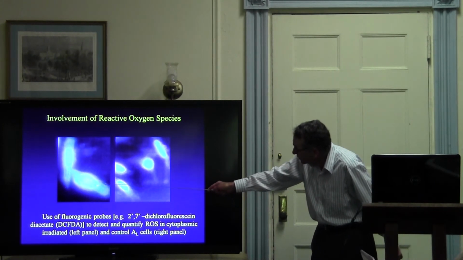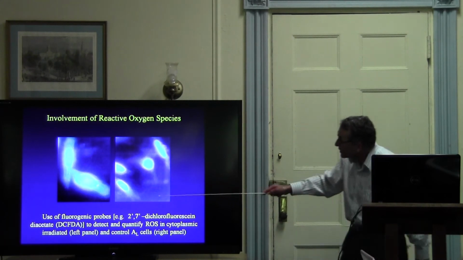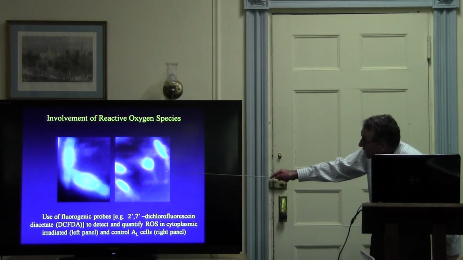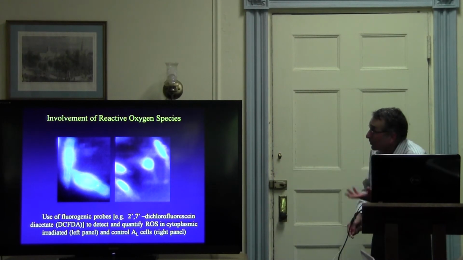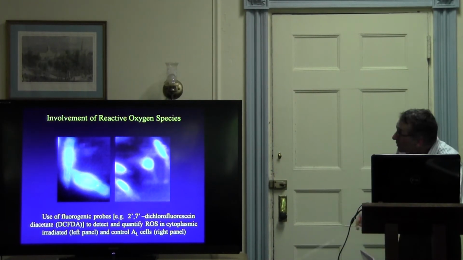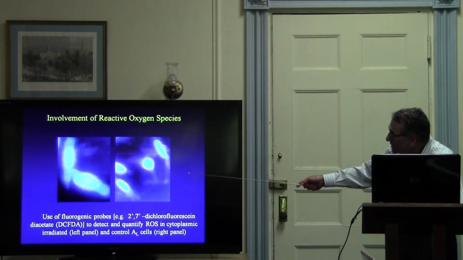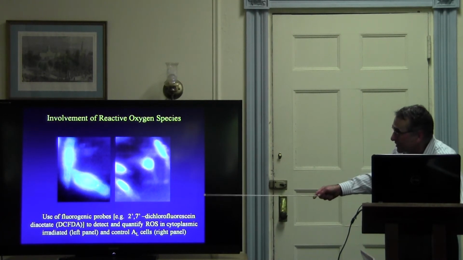You see here the slight yellowish staining versus the control cells that did not receive any radiation at all, which is consistent with the small deletions coming from reactive oxygen species.